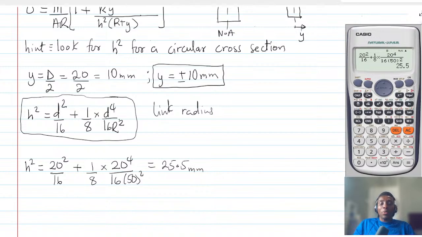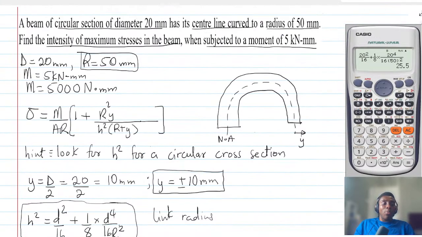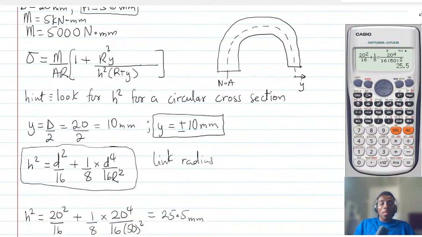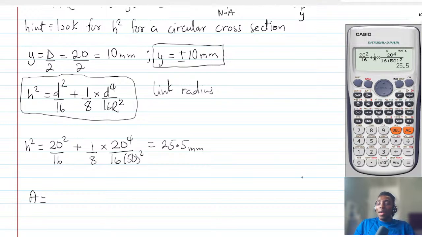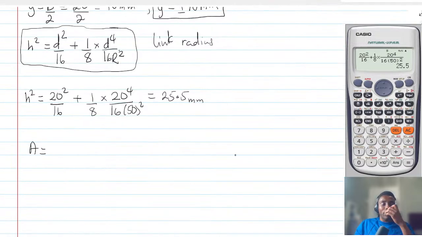Then you realize that we have almost solved the question, because now all we have to do is put what we have into the stress equation. But let's calculate the area. What is the area of a circular cross section? Very simple, isn't it? It's pi d squared over 4, so pi times 20 squared over 4.